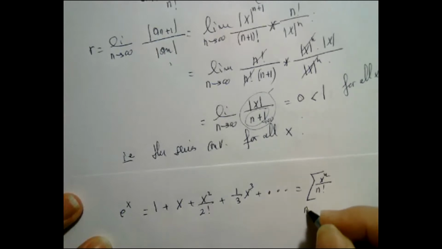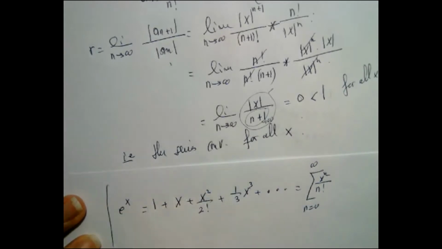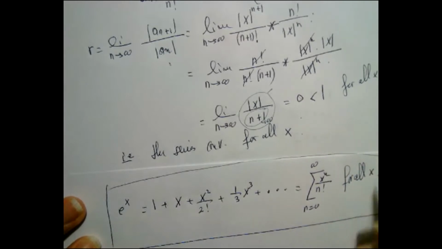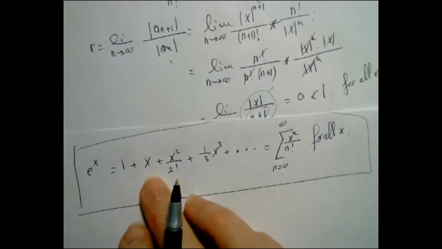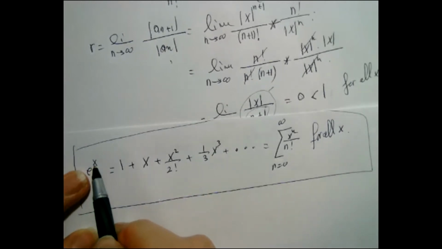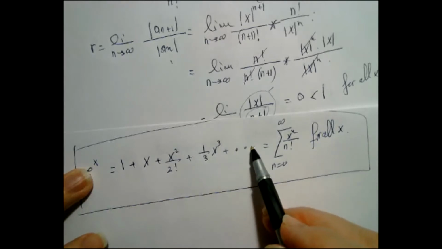So the theorem tells us the equality holds for all values of x for which the series converges. This tells me that e to the x is always equal to that for all x. It means that if you plug in any value of x, whether you plug in 100 here or 100 here, we will have equality.